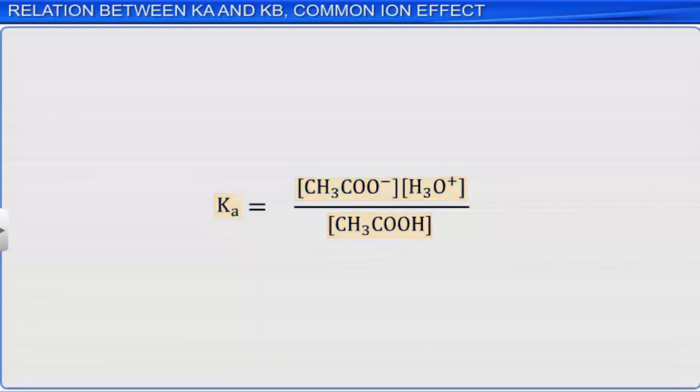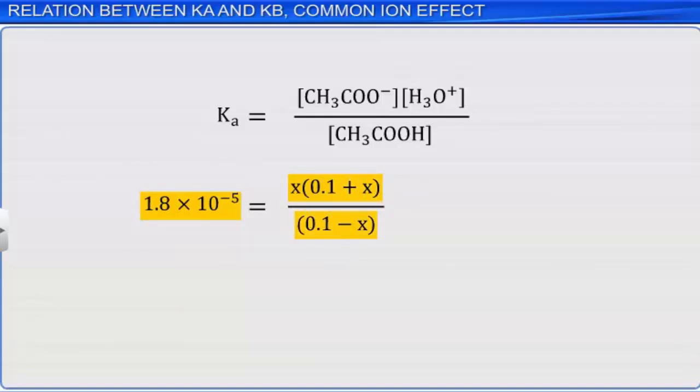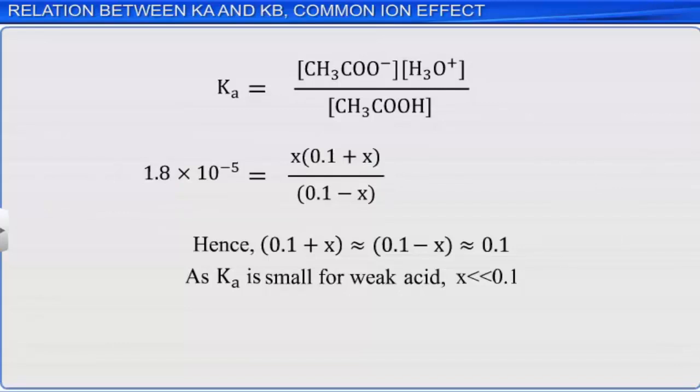Substituting the value of Ka and of the equilibrium concentrations of acetate, hydronium ions and acetic acid, we get 1.8 multiplied by 10 to the power of minus 5 is equal to X multiplied by 0.1 plus X divided by 0.1 minus X. As the acid dissociation constant Ka is small for a weak acid, the extent of ionization X can be assumed to be very, very small compared to 0.1 mole.